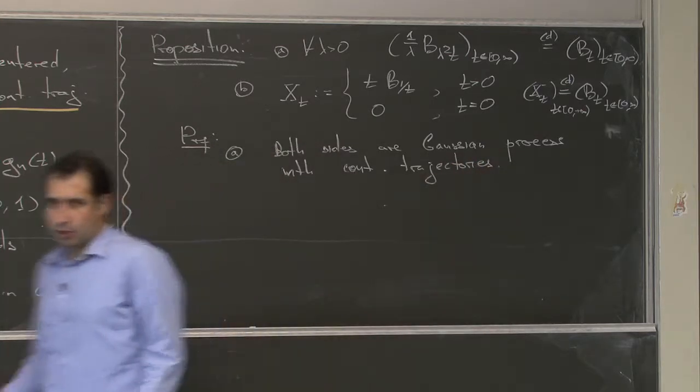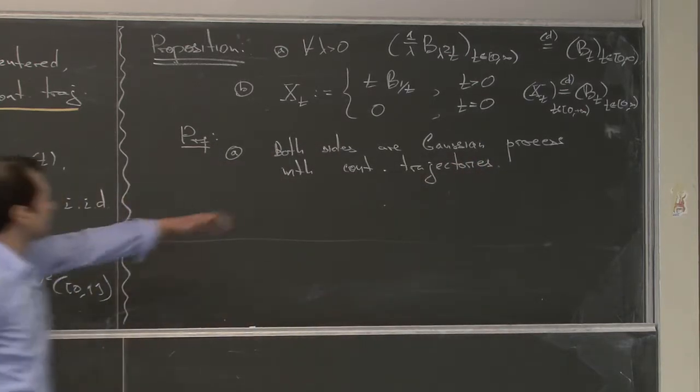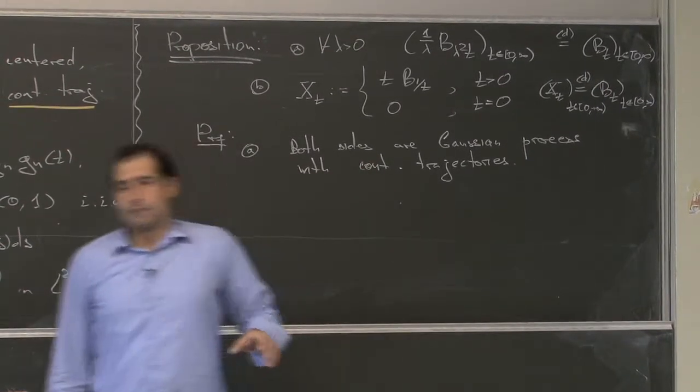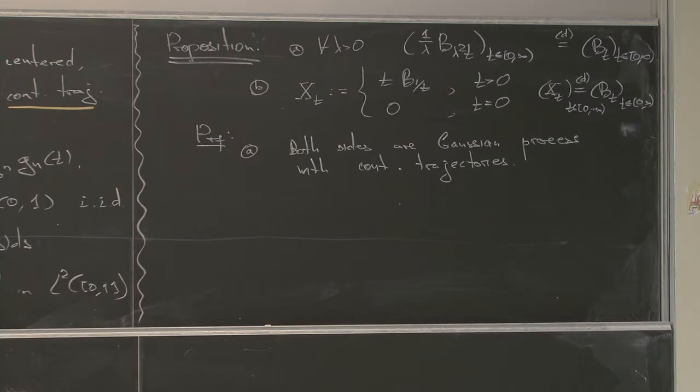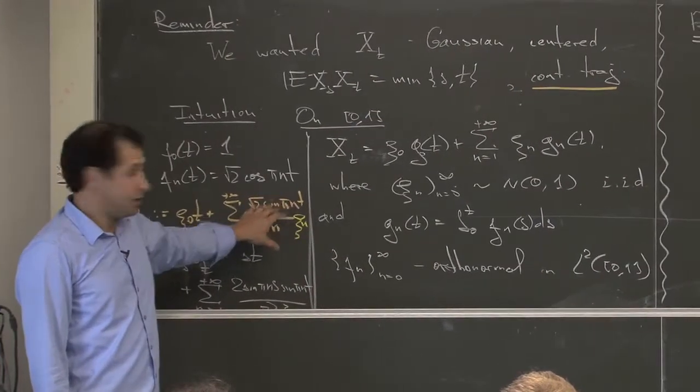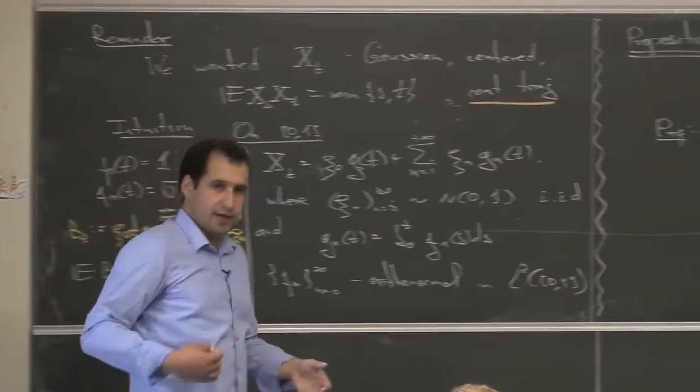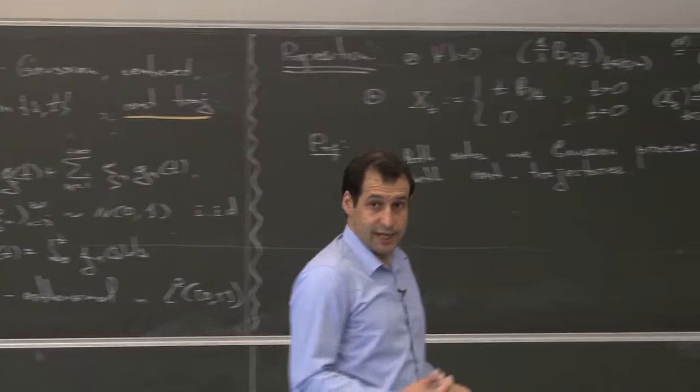And just a technical comment: maybe it's slightly more rigorous to say here almost surely continuous trajectories, right? But I prefer to use another viewpoint. So I define this B_t, and on some set of full measure, it gives me a continuous function. Then I just take the complement of this set.